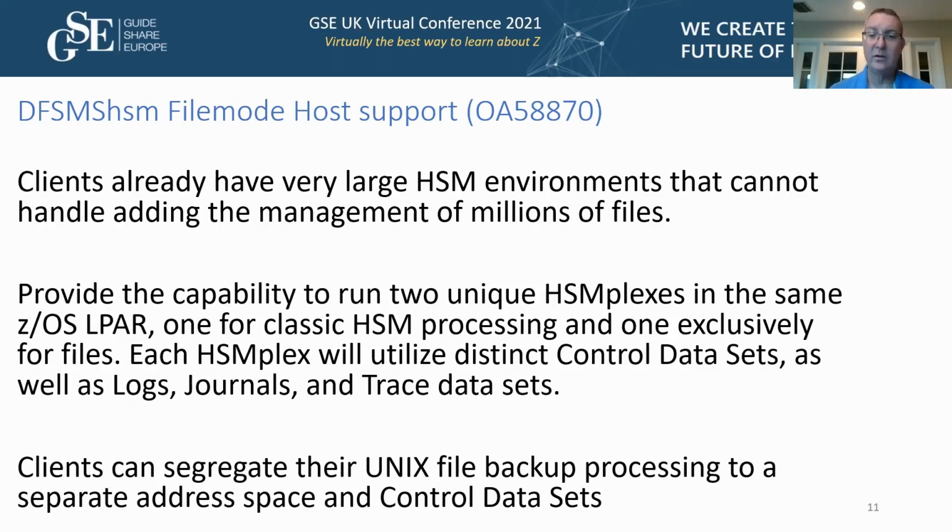That's pretty good, I think, because it allows your file mode HSM to have its own backup control data set, which could be quite large if you have a lot of Unix files you need to back up. And it won't interfere or get involved with your data set processing. So basically you segregate your Unix file backup processing to that other address space and its control data sets.